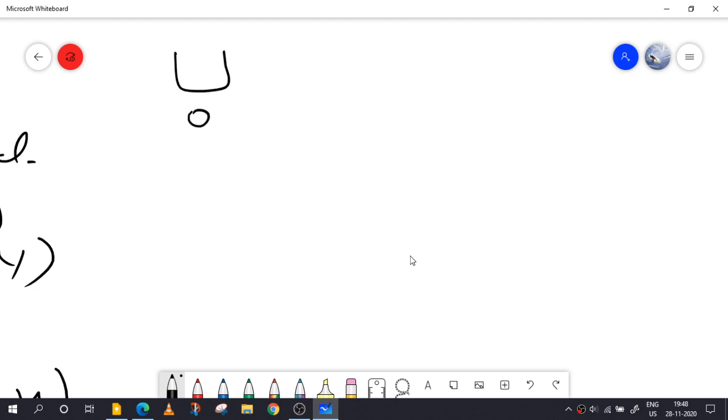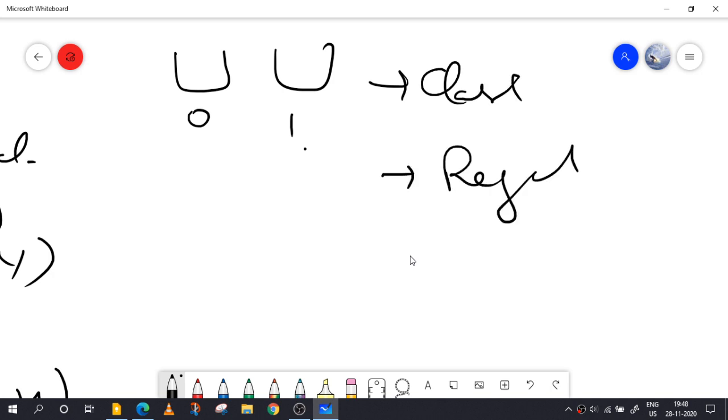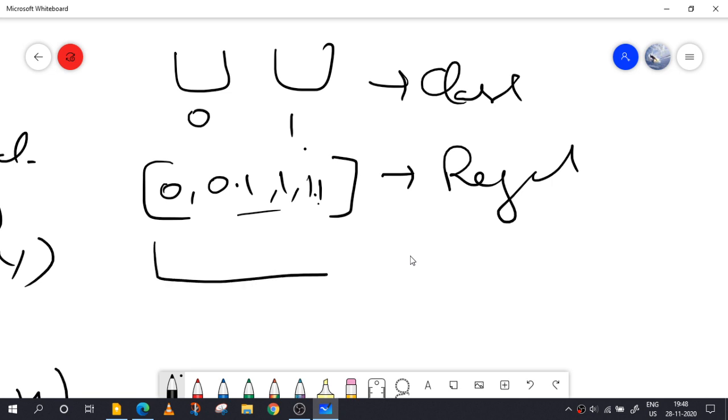It's like a bucket, it's either 0 or 1. This is classification. And regression can be 0, 0.1, 1, 1.1, something like that, but it is in some range. You don't know exactly what range, but it is in some range.